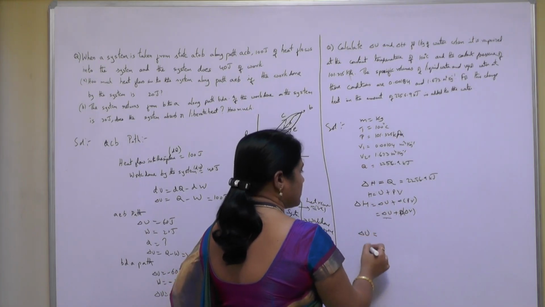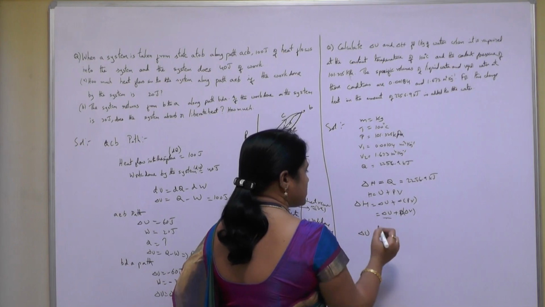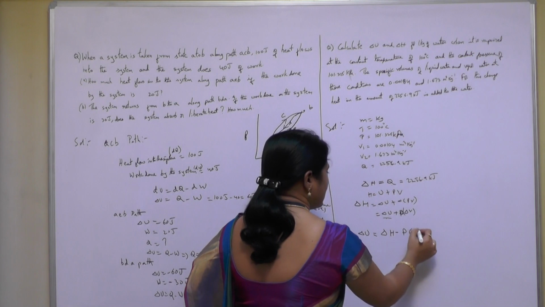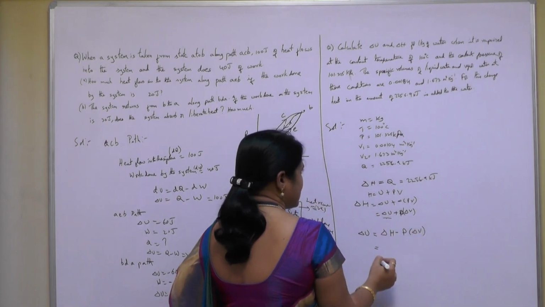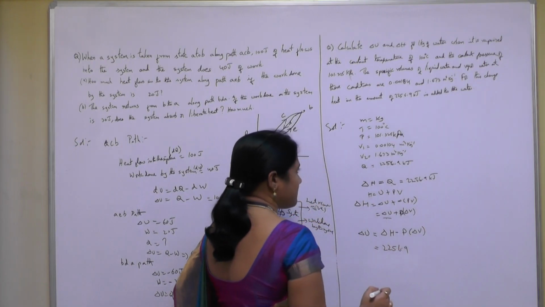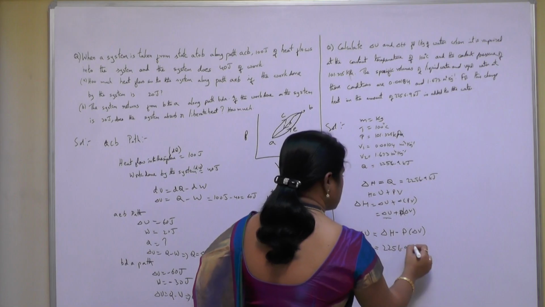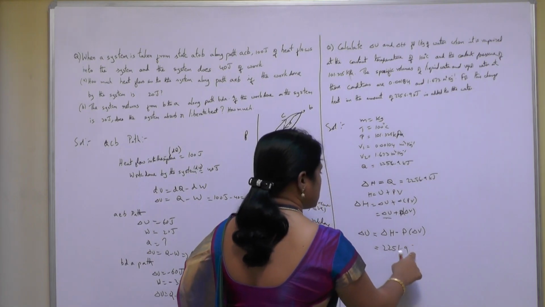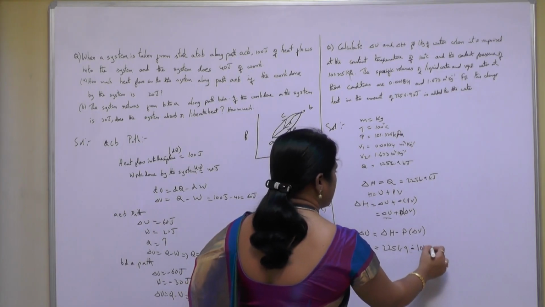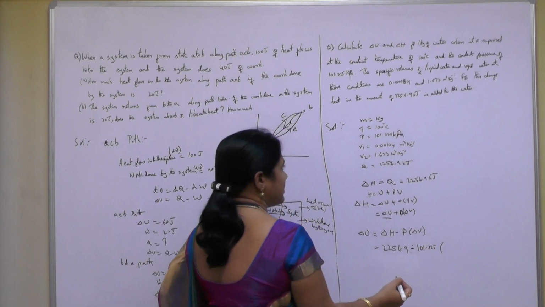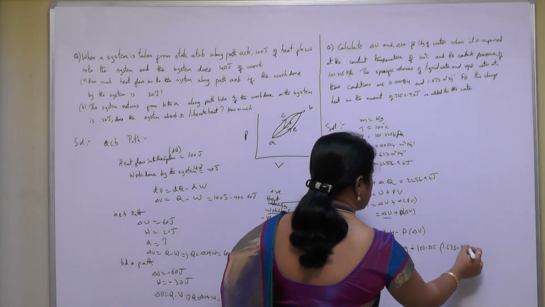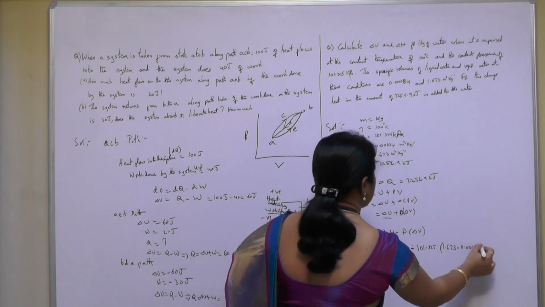So delta U equals delta H minus P delta V. Delta H is 2256.9 kilojoules minus P, which is 101.325, and delta V is 1.673 minus 0.00104.